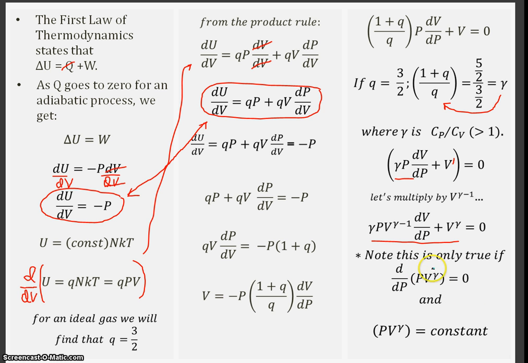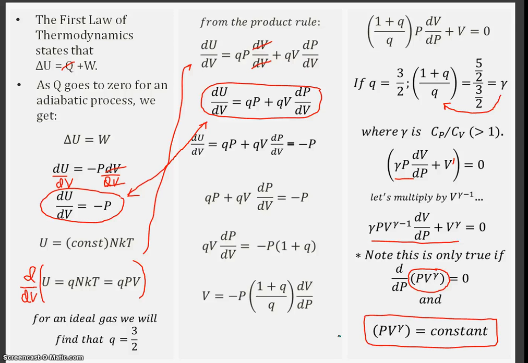So in other words, the differential of this term, PV to the gamma, has to be equal to 0. And whenever you have a differential of something equal to 0, that means that it's constant. And there's our important result: for adiabatic processes, P and V are related by this. It was a long way to go, but the payoff is worthwhile because it shows you that P and V are related in a special way.